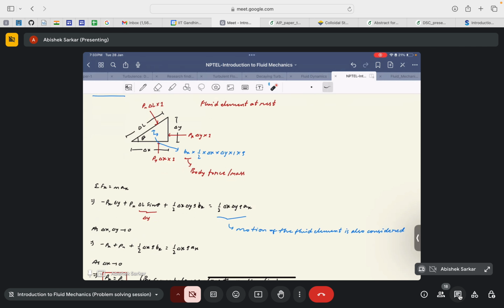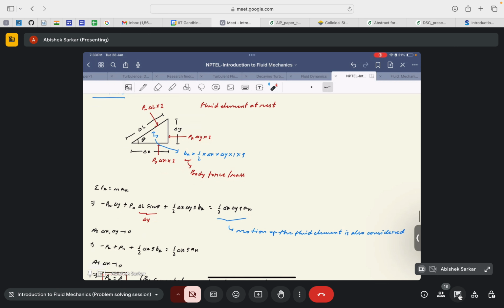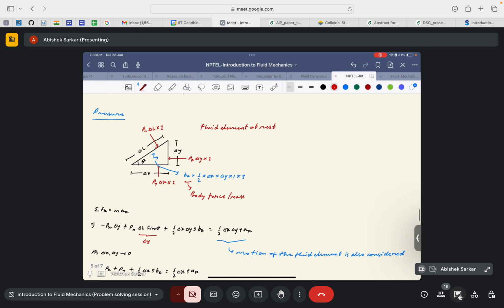So, if you are considering the force balance on this particular fluid element, that is considered to be in motion because you're considering the acceleration term. Okay, so considering the force balance along the x direction, we can write minus px into delta y, this along the x direction. Pn, I'm sorry, let me just write the components.